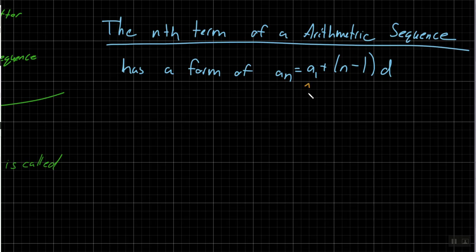What is a1? First term. D is a new concept. What was our D? Yep, a common difference between each term. So that can help us find it.